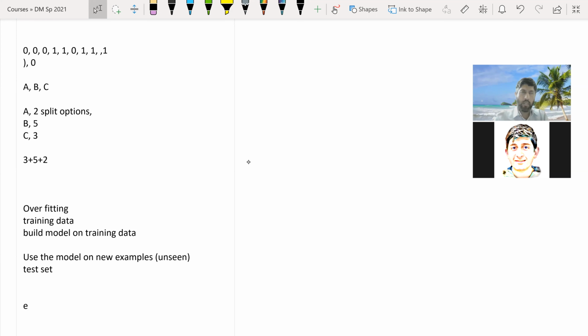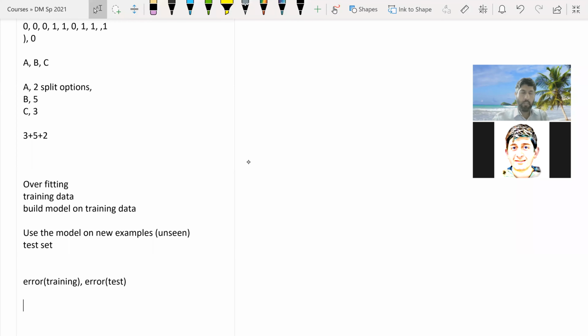So let's say error over the training data set, as well as error over the test. The test data set is not seen by the model, by the decision tree.